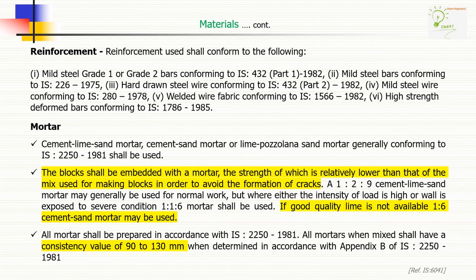There are three types of mortar. One is cement lime sand mortar. Next, it is cement sand mortar. And nowadays, what we are using, that is TBM, that is thin bed mortar or joining adhesive.